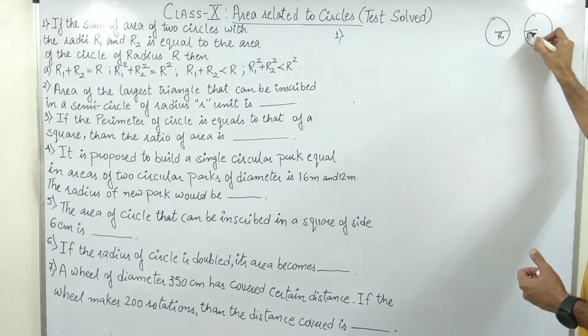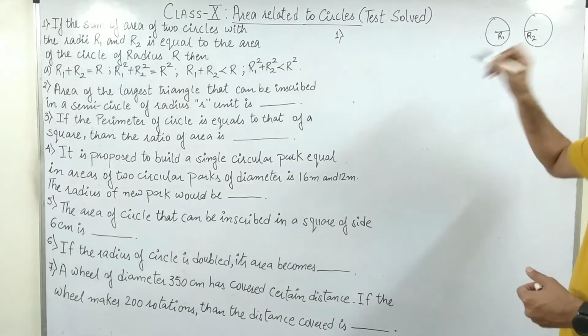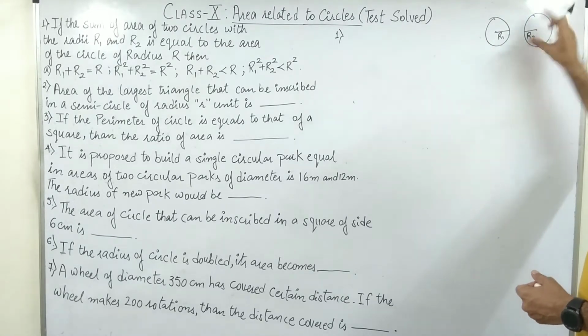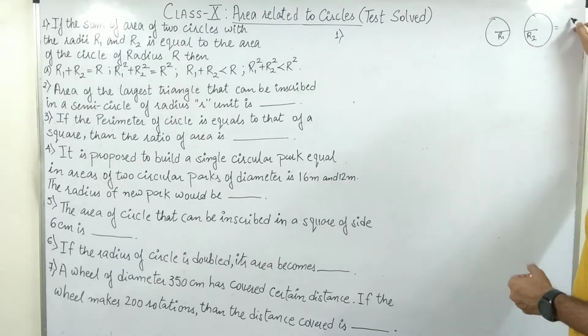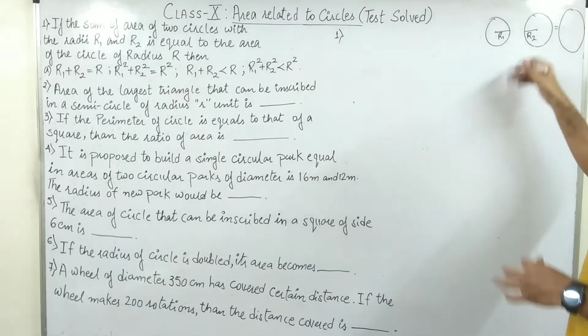If the area of this plus the area of this is equal to the area of the circle of radius r. Now that's not a circle, but let's assume that's a circle.